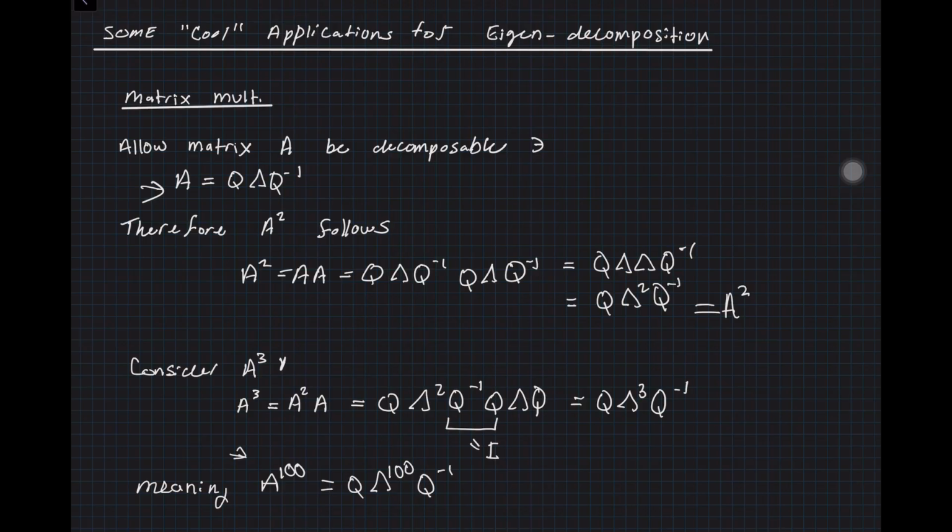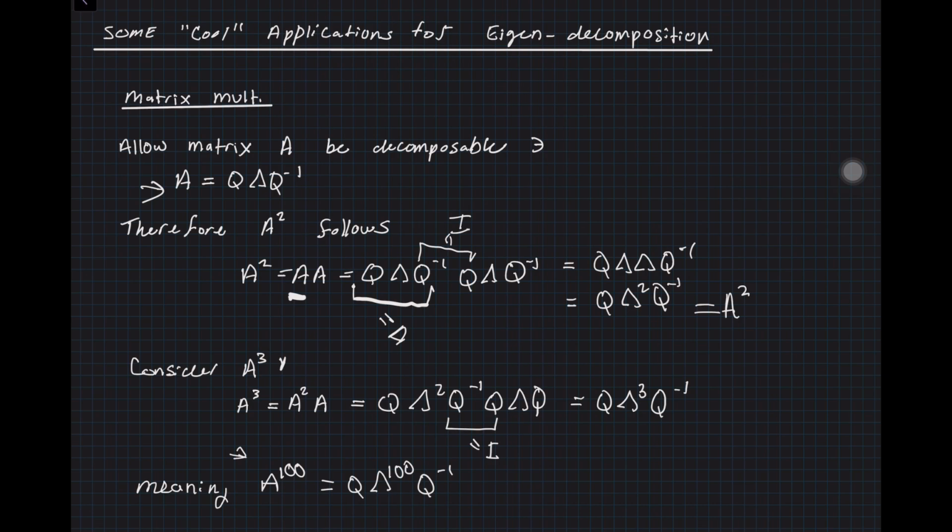So let's consider matrix multiplication. Let's say you're interested in doing A squared. A squared is just A times A, right? But remember that this guy is equal to A, so you have two of those. And then right here, you have Q inverse times Q. Well, that's just equal to the identity matrix.